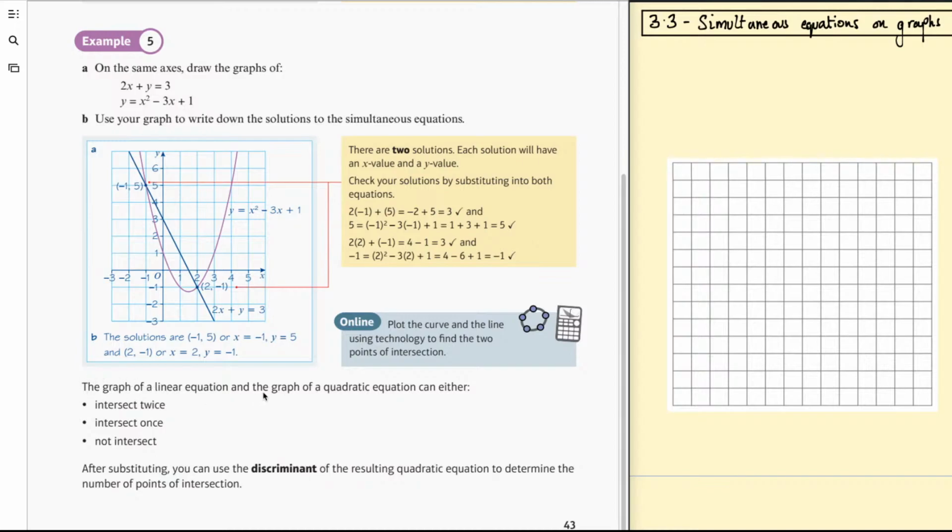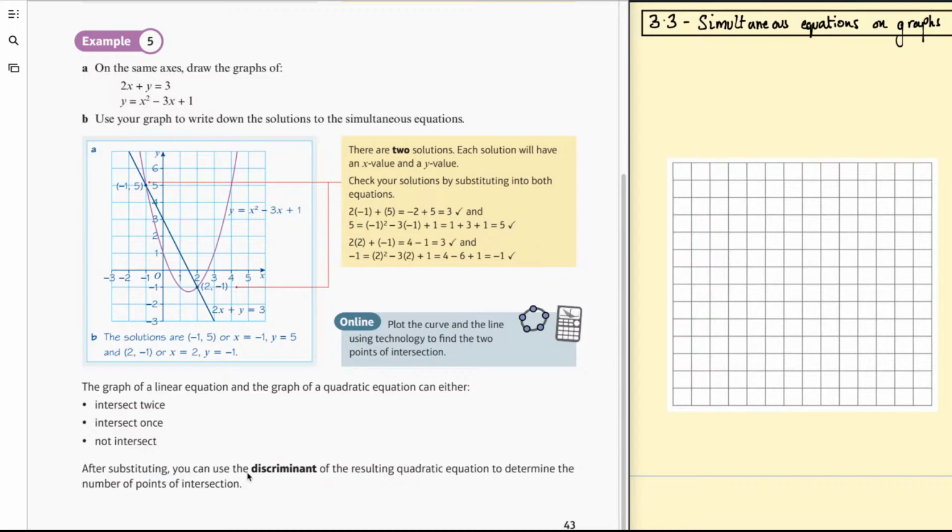It says the graph of a linear equation and the graph of a quadratic equation can either intersect twice, intersect once, or not intersect. So maybe you can see that this line doesn't have to be going through the quadratic. It could be out here somewhere, or it could just be touching the quadratic, and we could get these three situations.